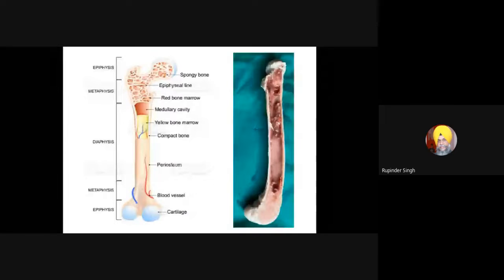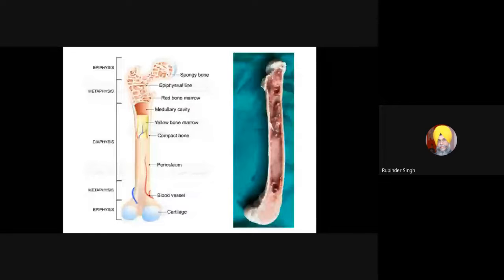It is very thick; thick in the sense that it is very strong. Compact, you can well imagine, is a strong structure, stronger than the end of the bone.